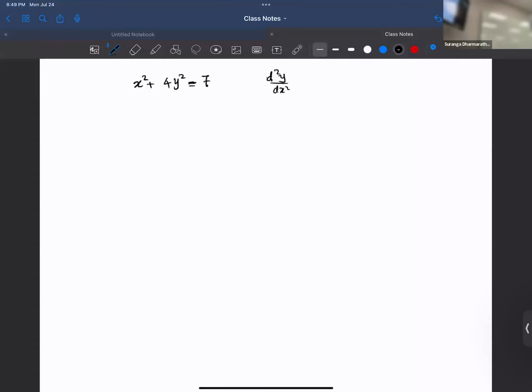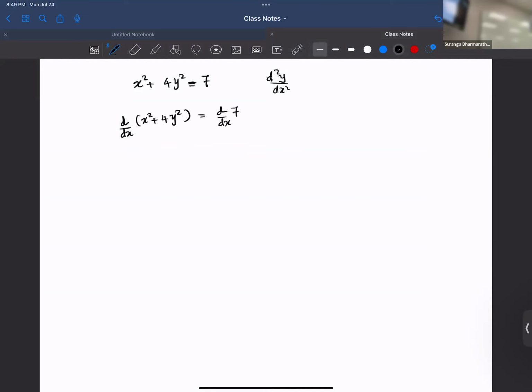First thing is to find the first derivative, right? Same thing that we did earlier: d over dx of x squared plus 4y squared equals d over dx of 7. Now we go to the basics. What is the basic?